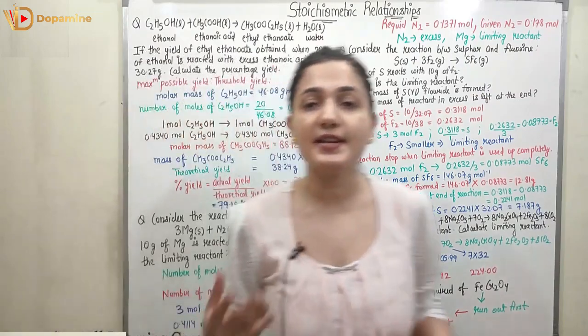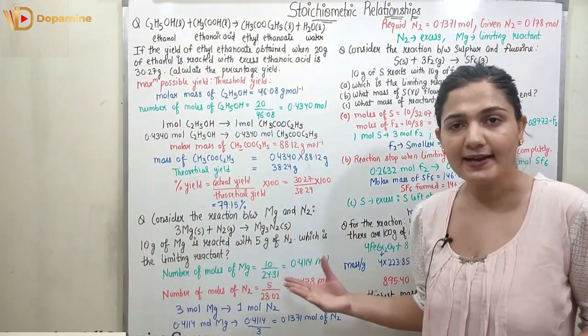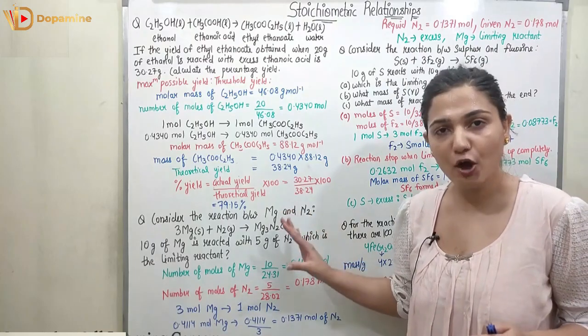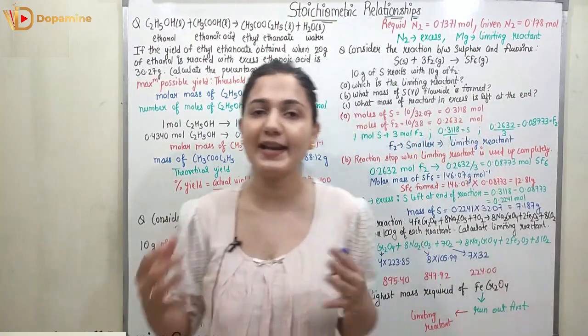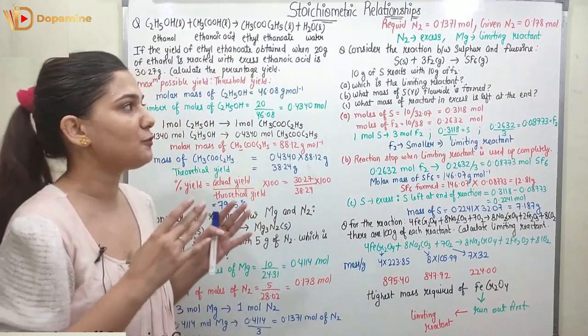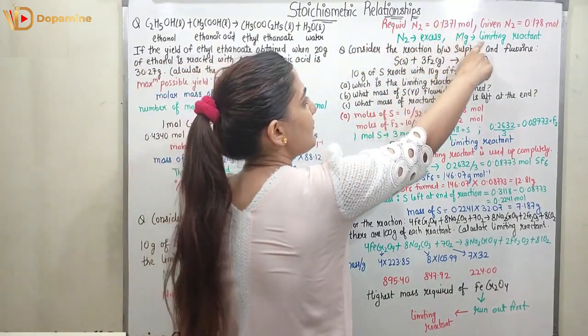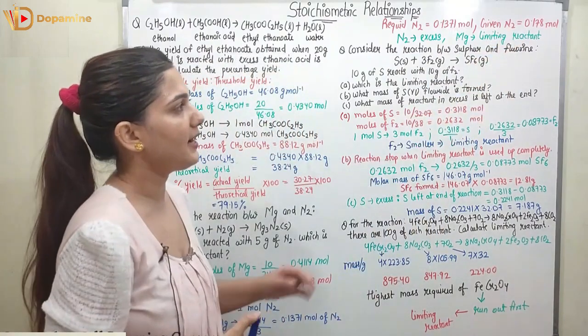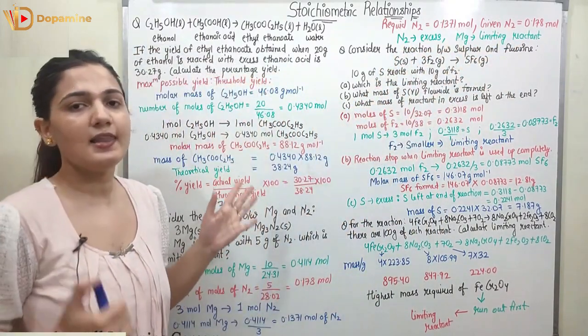Means nitrogen is in excess. In the reaction, all of the magnesium will get consumed, but nitrogen will not. So magnesium here is the limiting reactant. When the magnesium is consumed, our reaction will stop. So required N2 is 0.1371, but given N2 is greater than that, which is 0.178. So N2 is in excess and magnesium is the limiting reactant.